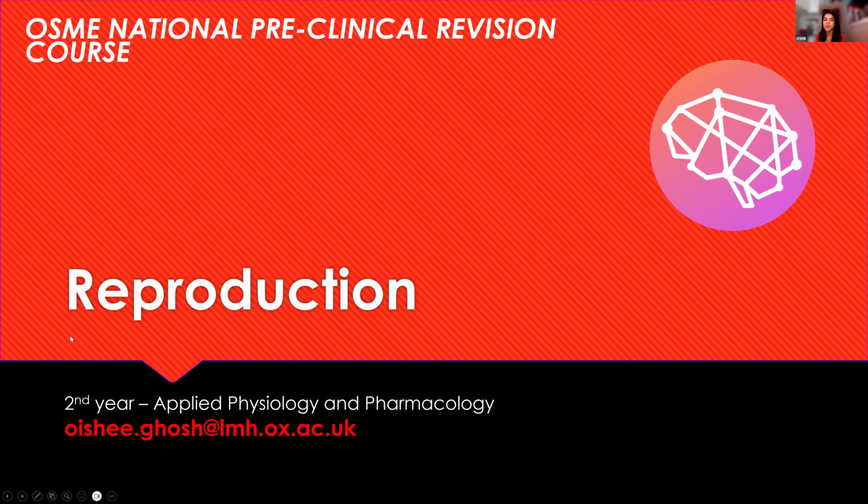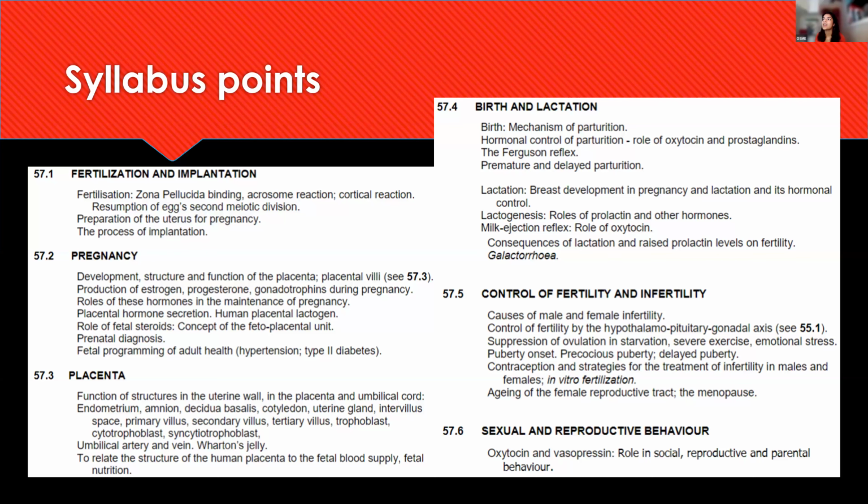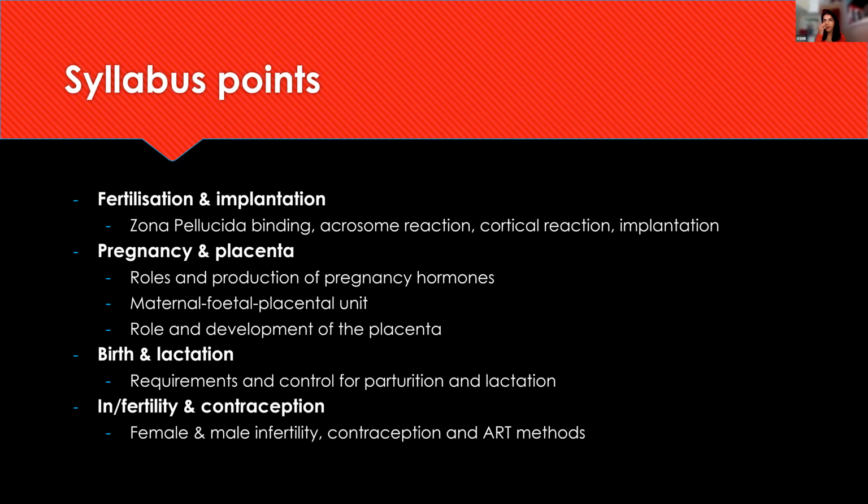Okay, let's get started. So we're going to go through the syllabus. As you can see, there is quite a lot, but I've broken it down into four main sections, which lines up quite neatly with the timeline of everything.